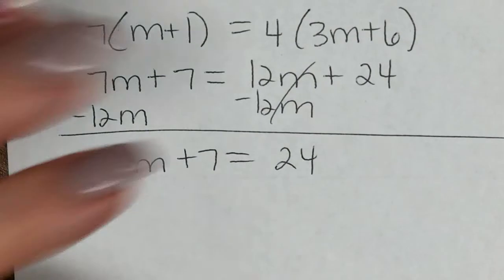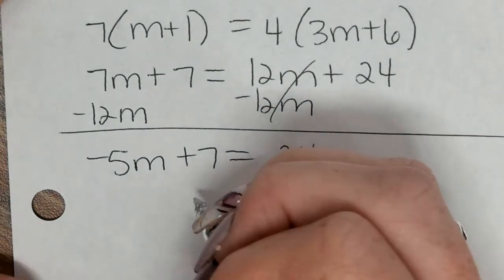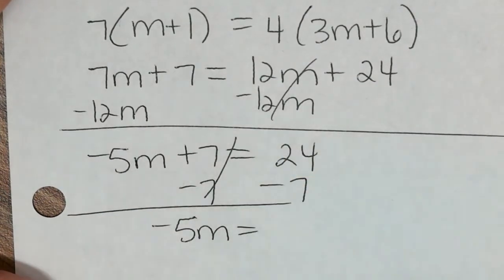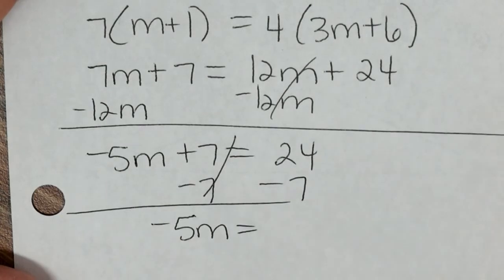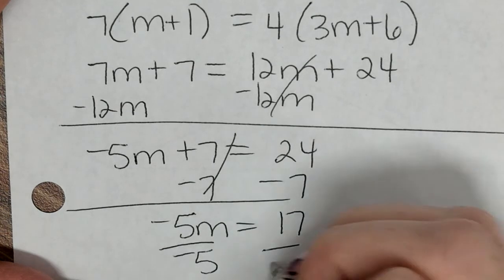How am I going to get rid of the constant? Subtract 7. So negative 5m equals, what's 24 minus 7? 17. Is it? And divide by negative 5. What's a positive divided by a negative?